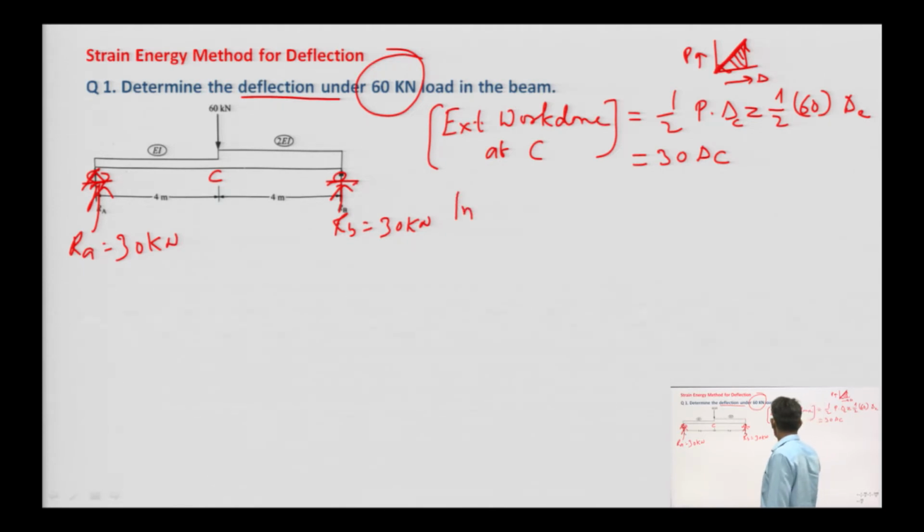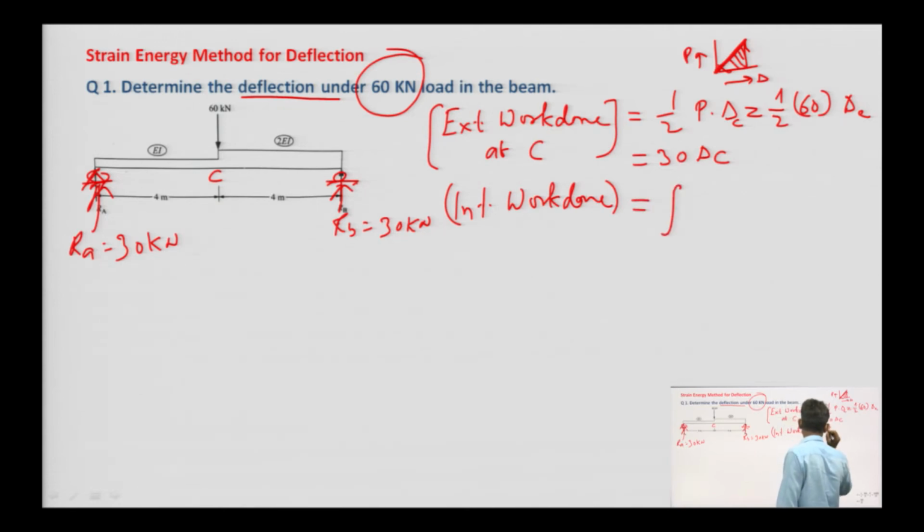Internal work done. We call it strain energy U. It is the integration of M square upon EI into dx.